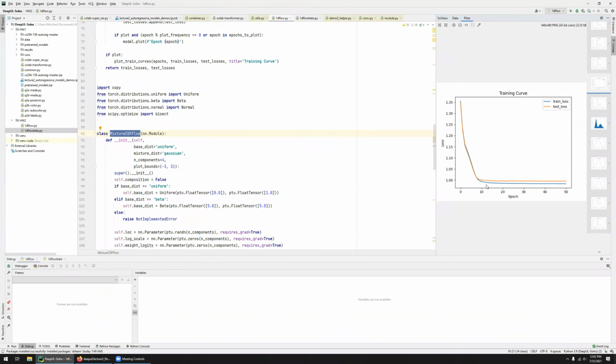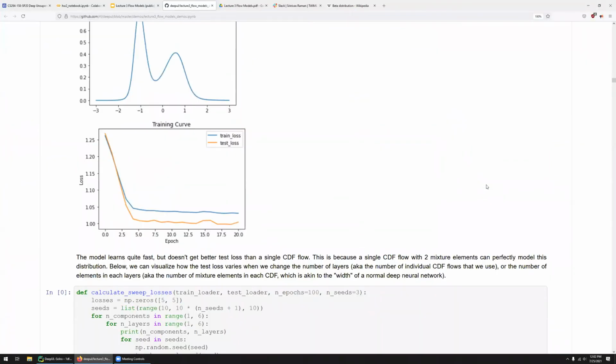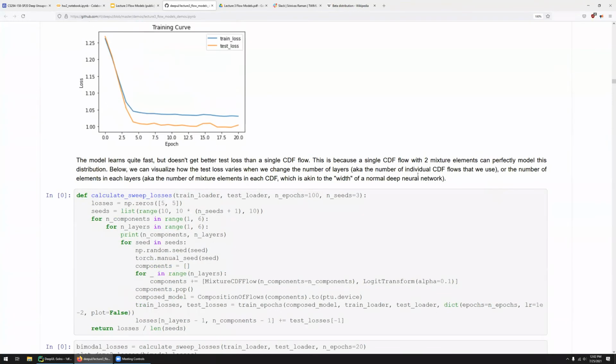So actually, what is interesting is that training loss remains high, but the test loss is lower. Yeah, it should be the opposite, right? The test loss should be higher than training loss. Right. It's kind of interesting. Anyway, I think this one is fine. It just has the weirdness.